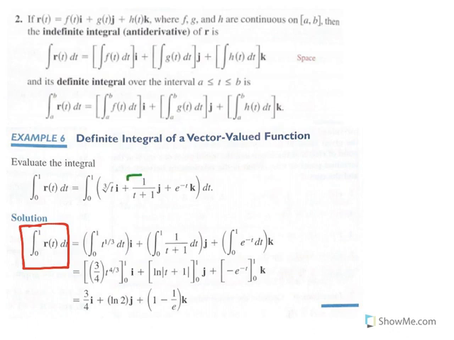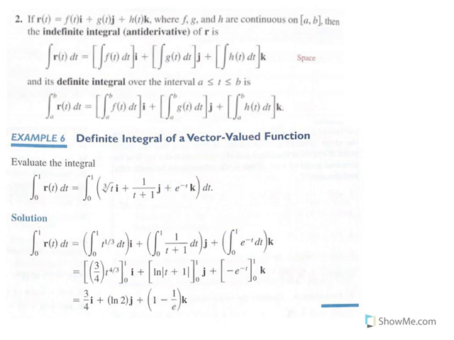Then you have the definite integral of 1 over t plus 1 from 0 to 1 multiplied by the standard unit vector j. And then you have the definite integral of e to the negative t from 0 to 1 multiplied by the standard unit vector k.